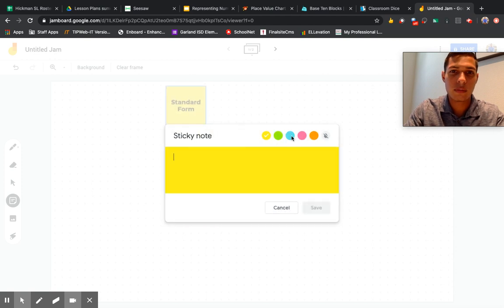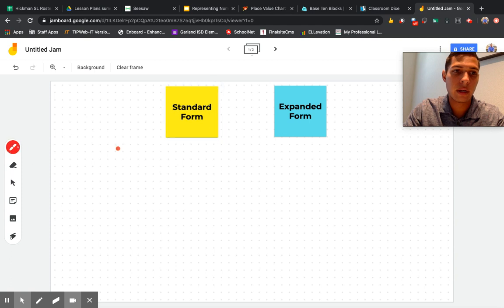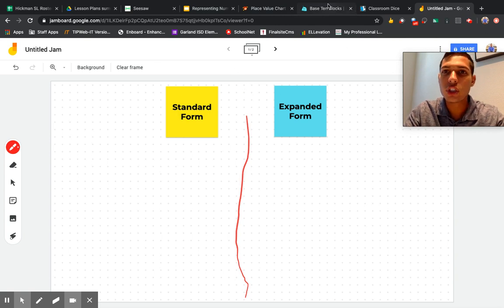Standard form. Standard form. Just like that. There we go. Make them a little bit bigger so we can see, right? Just draw a little line. Okay. Let's go back to our dice.